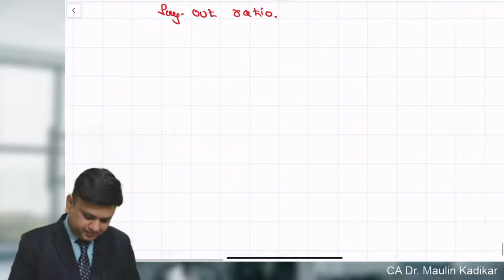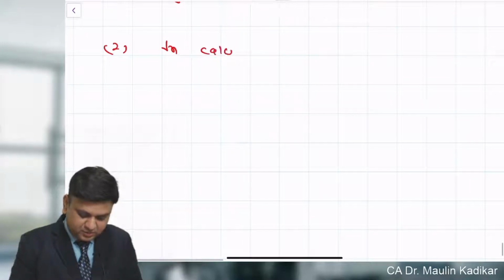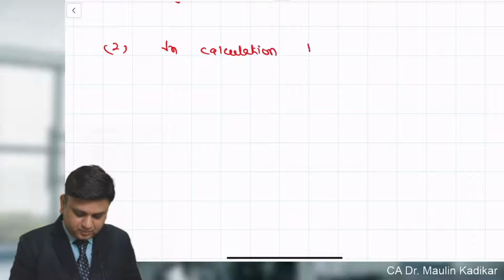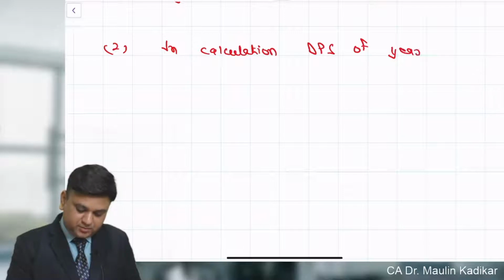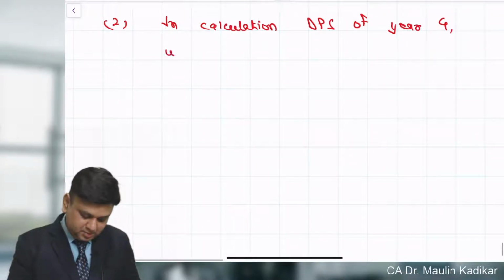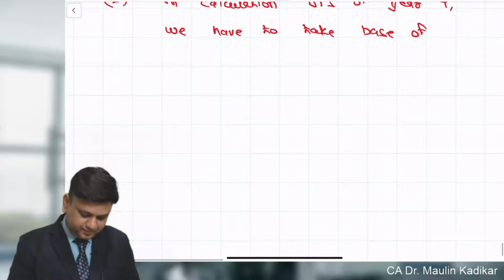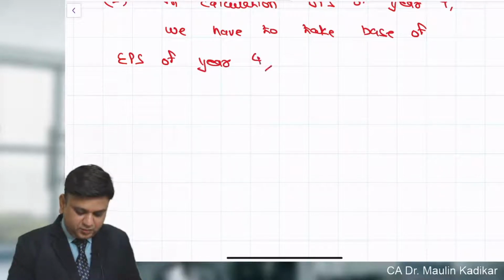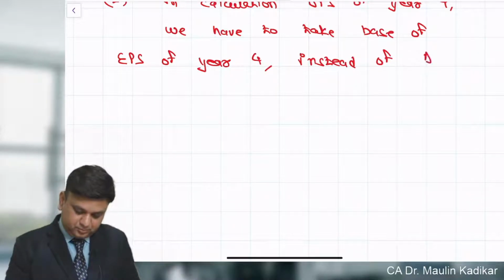Full stop. Second point, in calculation of DPS, dividend per share, of year 4, we have to take the base of earning per share of year 4, instead of dividend per share of year 3.